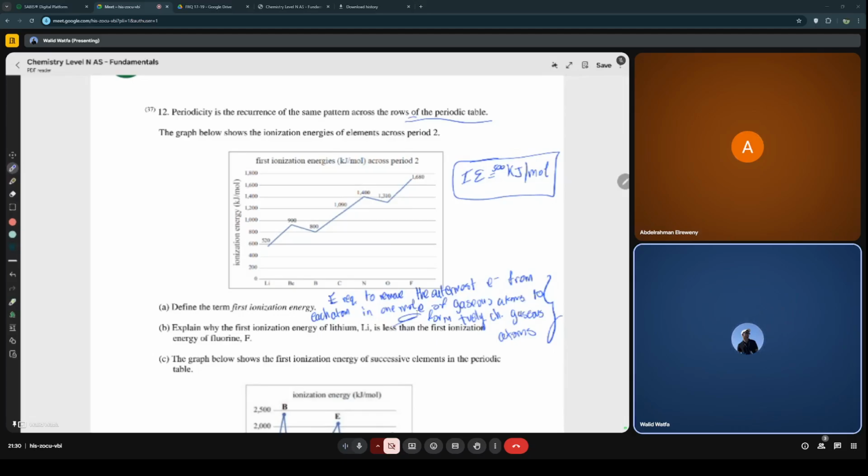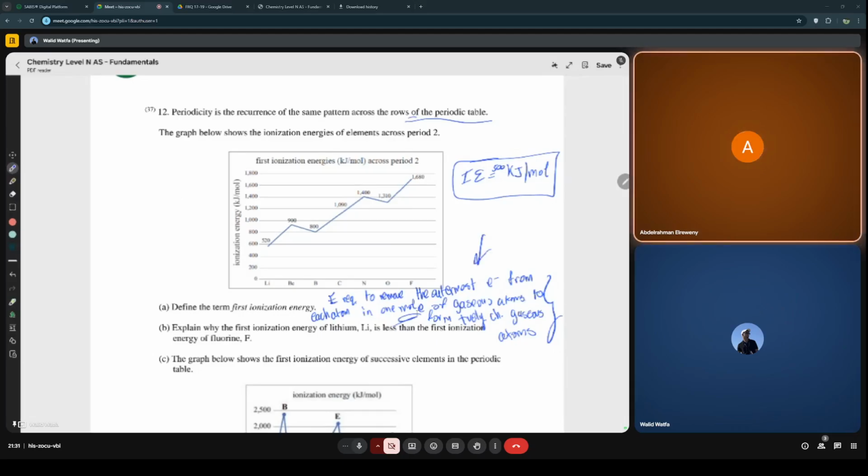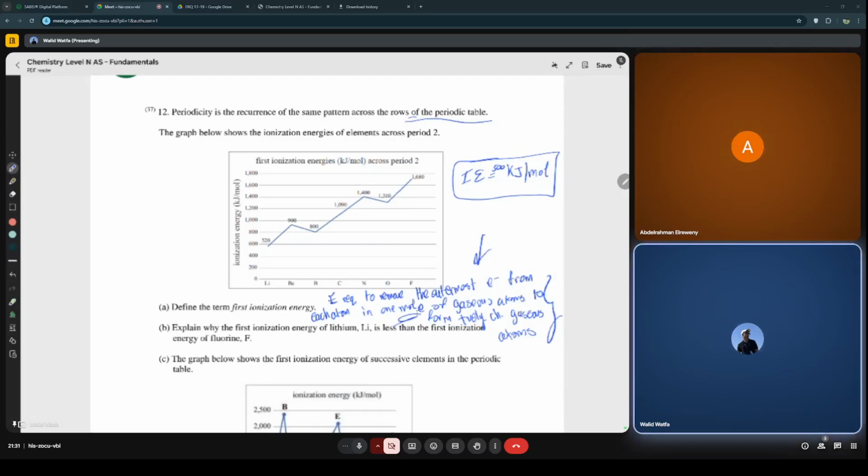The definition is every atom in the mole has to lose an electron. First, second, third, fourth, 75th. Write this down. Even if they say second or third, it doesn't make a difference. The whole point is what they're looking for is to remove the outermost electron.